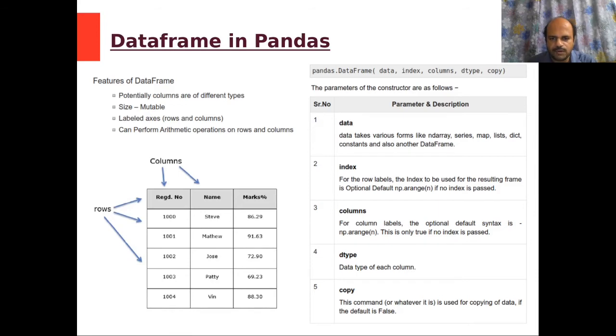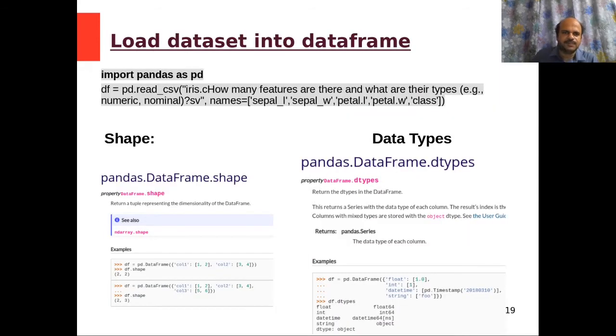Out of these 5, the very first is data, which is the row column format of the data, in the form of ndarray, series, map, list, dictionary, constant, etc. Index corresponds to the row labels, columns corresponds to the column labels, and data type represents the type of the data existing in each column, and copy is another command which is used for copying the data. In the default case, it is false.